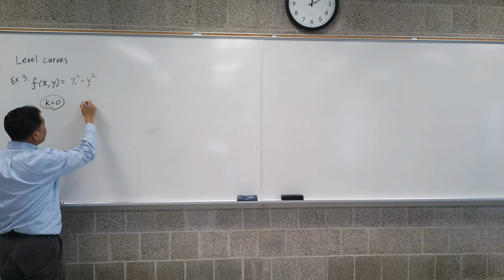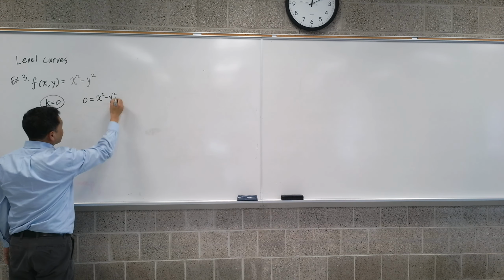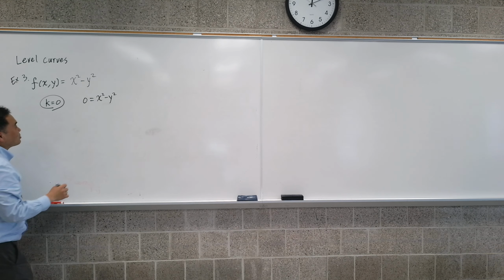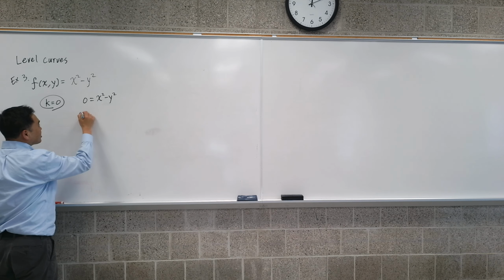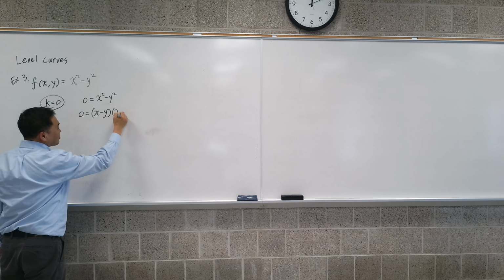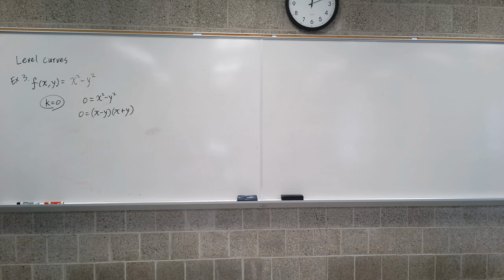If I say k equals 0, I don't think many of you have seen this graph before. You just have to have seen it once. It's hard to figure this out if you have never seen the graph before.